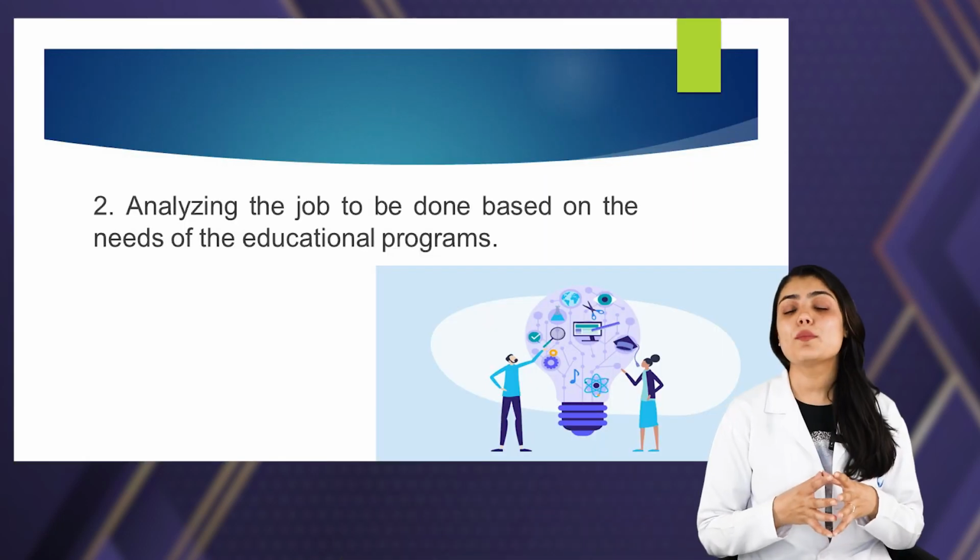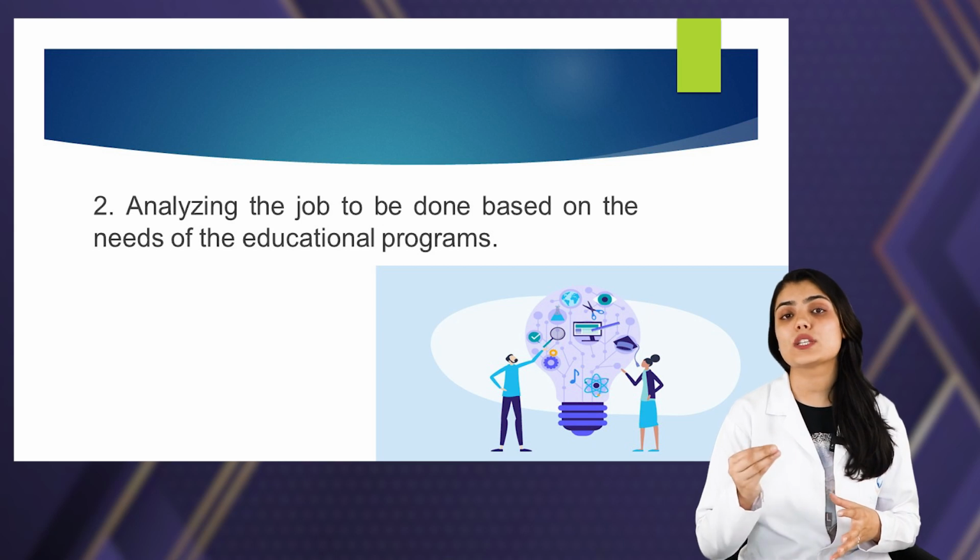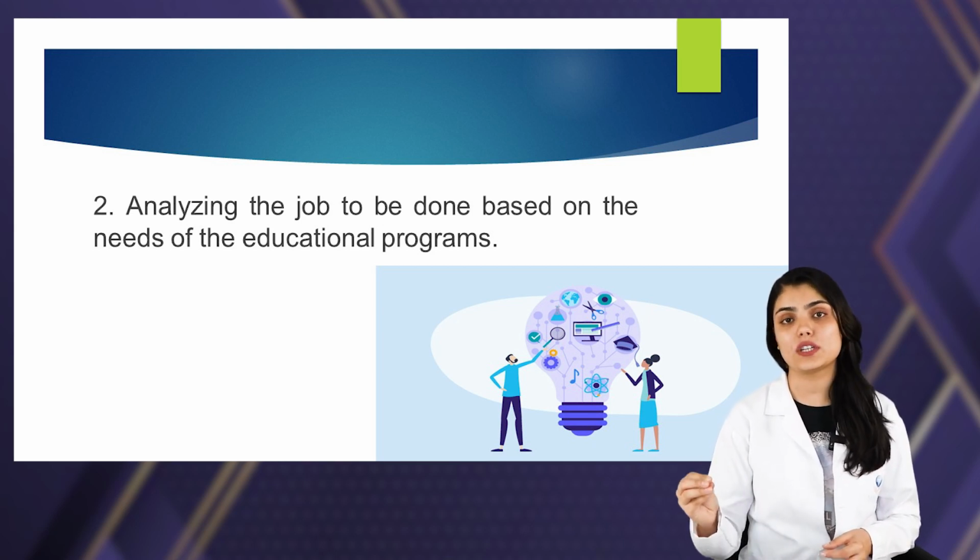The principal must also make sure that he or she is aware of the roles and responsibilities carried out by each of the faculty members within the organization. The next important function of the principal is to analyze the job that is to be carried out in order to meet the need of the educational program.